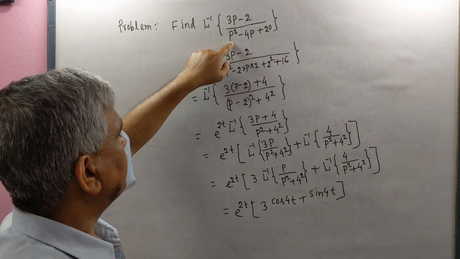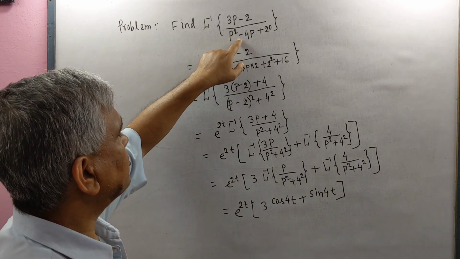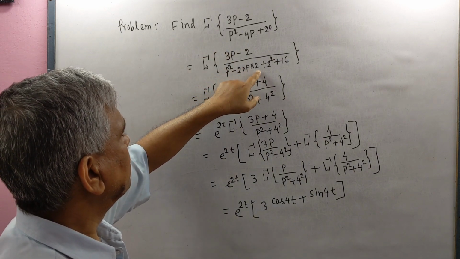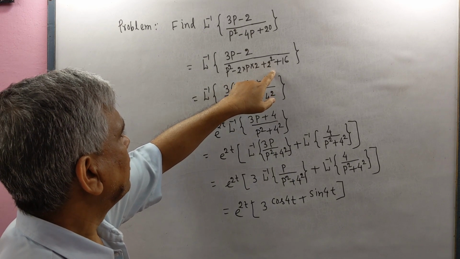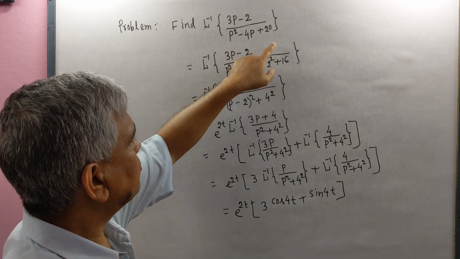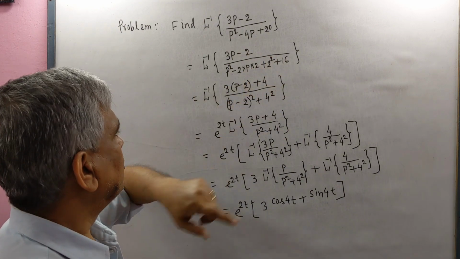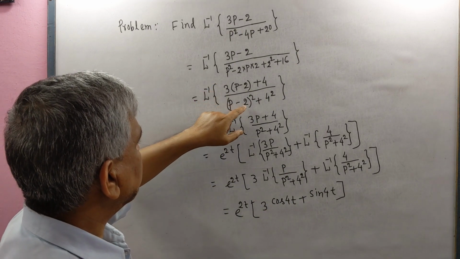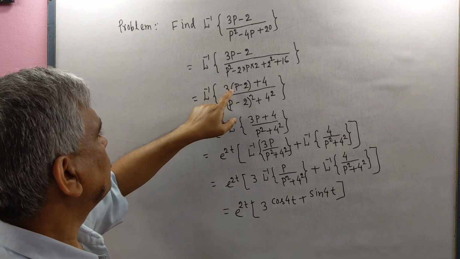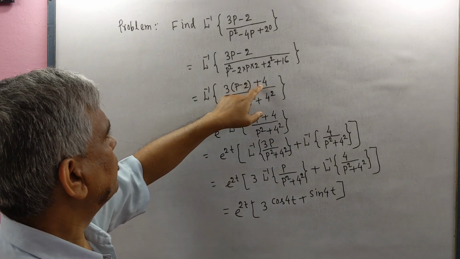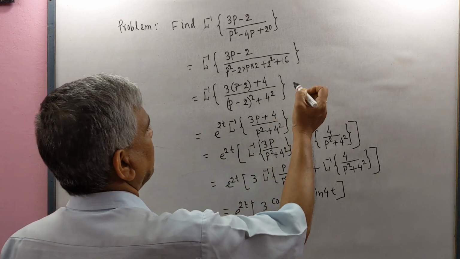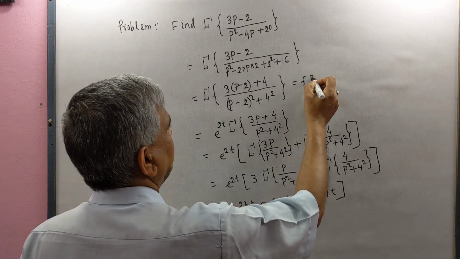Here we make a square: p square minus 4p means p square minus 2 into p into 2 plus 2 square, that means (p-2) whole square, and here 20, so here 16 remains. Here (p-2) whole square, so we make 3p minus 2 means 3 into (p-2) plus 6 minus 2 equal to 3(p-2) plus 4. This is a function of p minus 2.